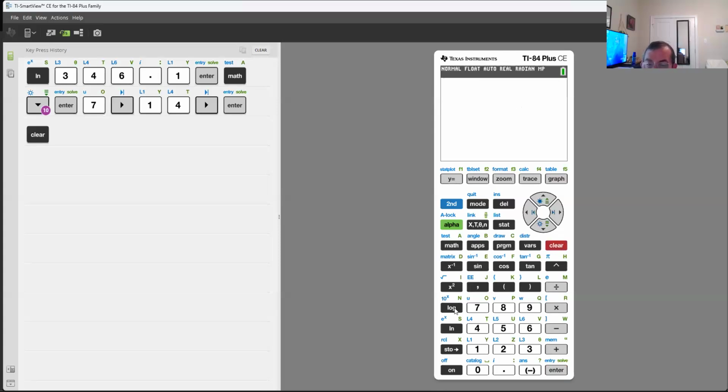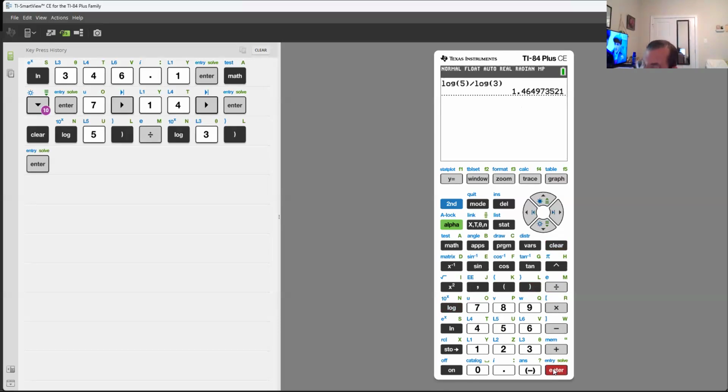So I had a log of 5. So log of 5, close parentheses, divided by a log of 3, close parentheses. And remember, 4 decimal places. So that's going to be 1.46 and what I got, oh, 49.